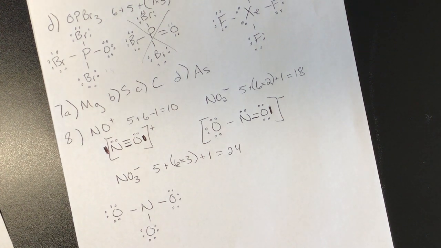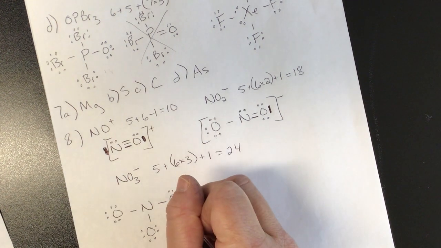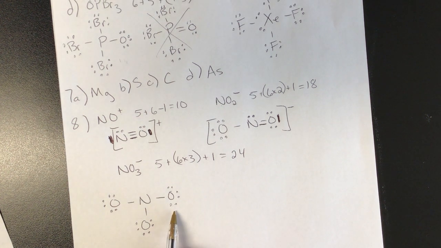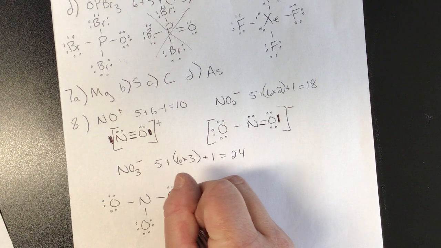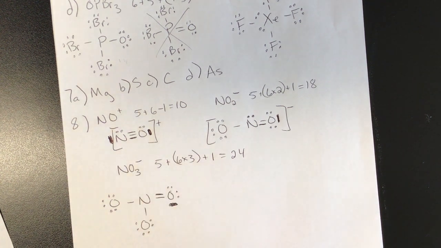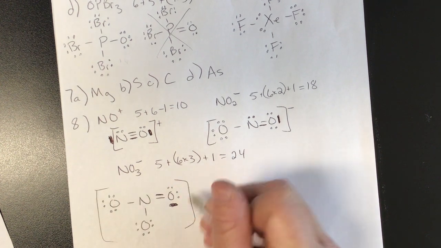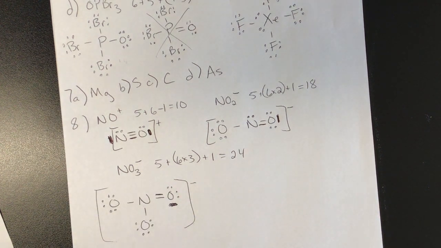Okay, so that's all 24 valence electrons, but we do have to get to an octet, so we're going to share one of them. It doesn't matter which oxygen, so again, that shows us we have resonance structures. So I'm going to take this lone pair and share. Now that gives nitrogen an octet. Okay, we can put our brackets with our charge. Okay, so there's the Lewis structure for all 3, and it says predict the ordering of NO bond lengths.